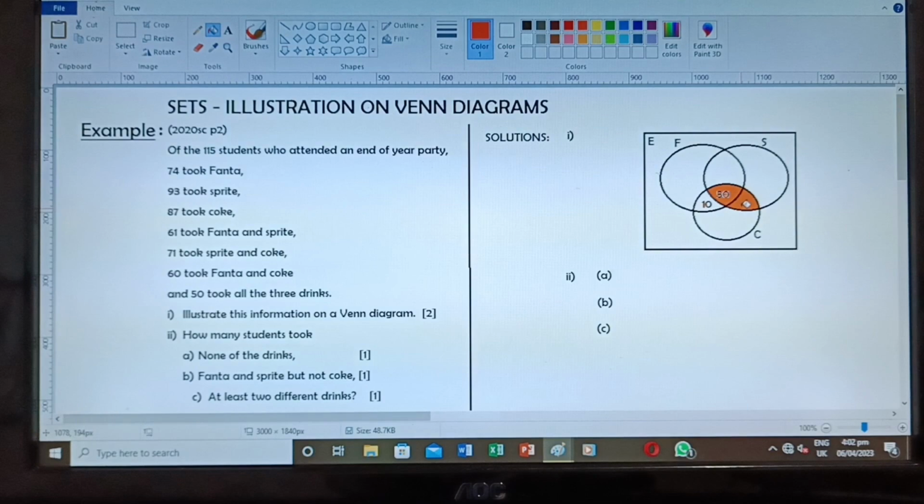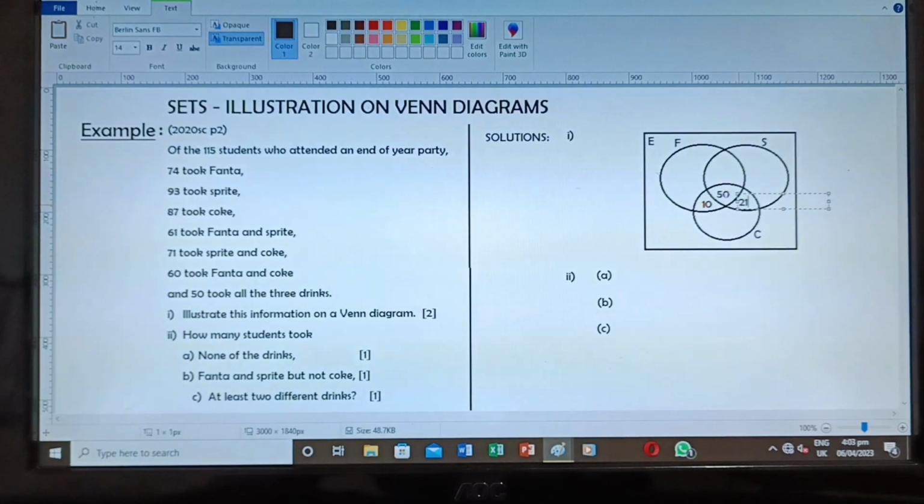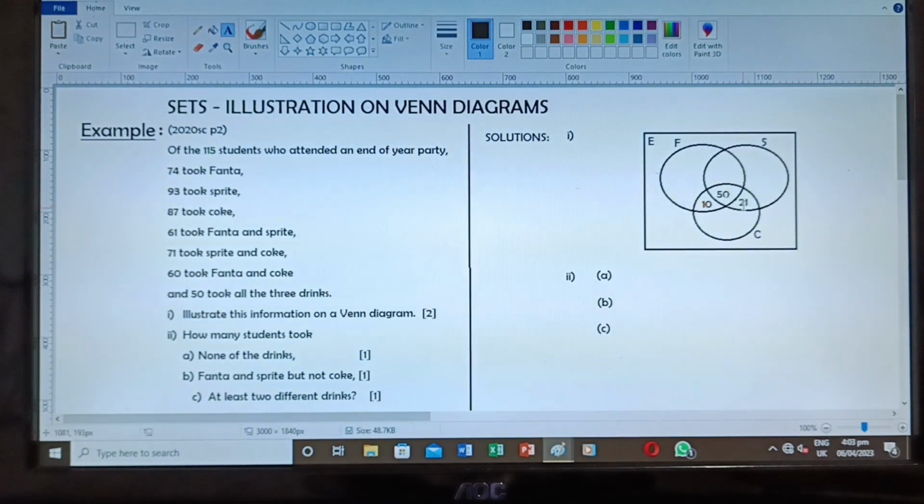So we say 71 minus 50, then the remainder we shall put it here. Our answer there is 21. So 21, we need to put it here, so that altogether 50 and 21 for Sprite and Coke will make it 71.